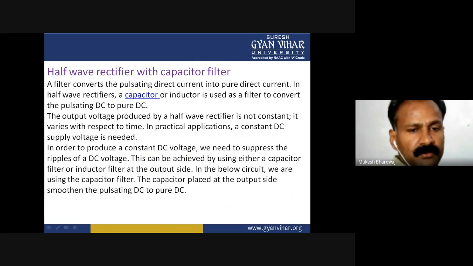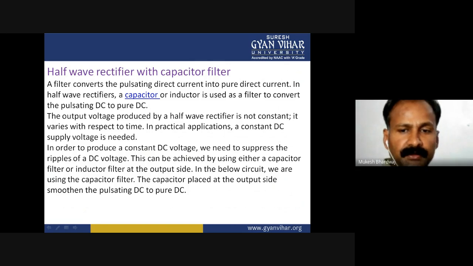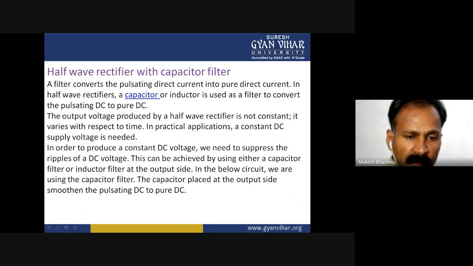In order to produce a constant DC voltage, we need to suppress the ripples of the DC voltage. This can be achieved by using either a capacitor filter or an inductor filter at the output side. In the below circuit, we are using the capacitor filter.